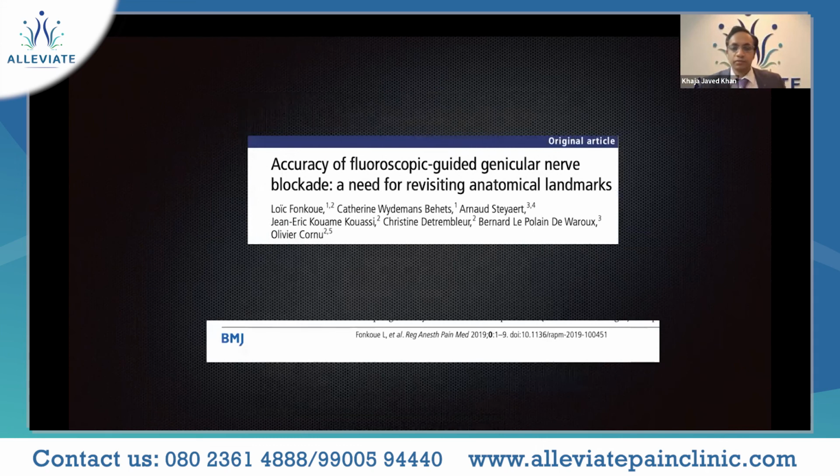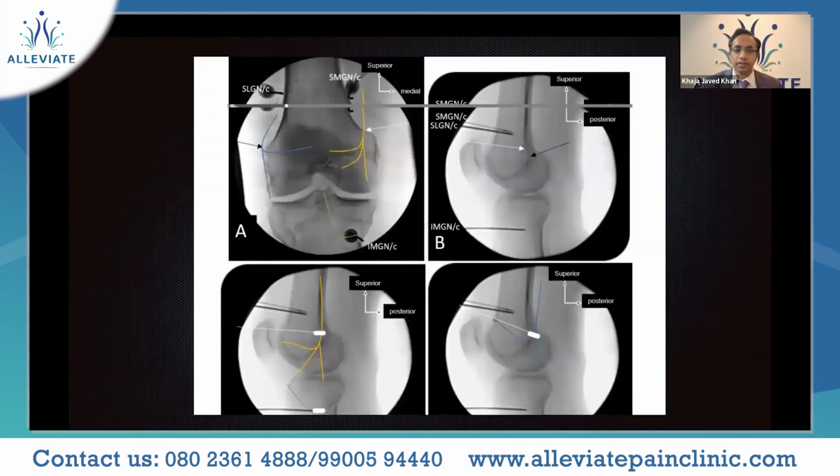A few articles were also published questioning the accuracy of fluoroscopic guided genicular nerve blocks. In these articles, you can see that the needle targets above can be seen, but the blue, yellow and green lines are the actual anatomic targets of the genicular nerve.